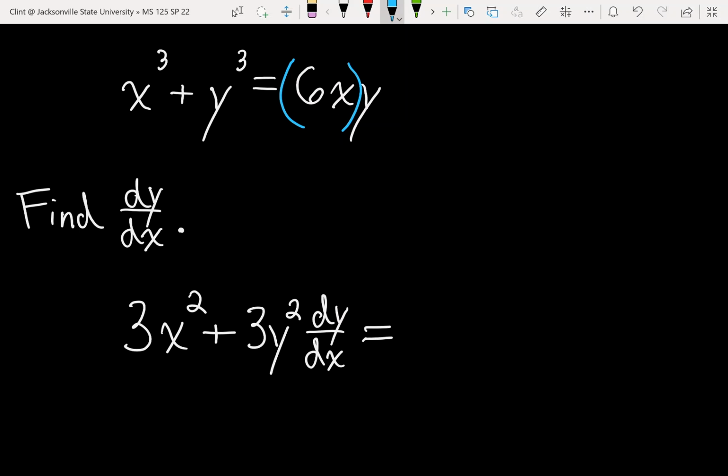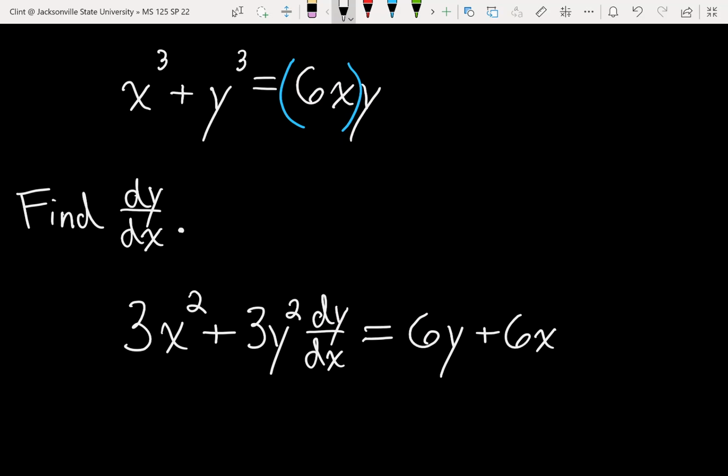Then when we do product rule, I have the derivative of the first term, so that's 6, times the second term, that's y, plus the first term, which is 6x, times the derivative of y, which is just 1, but it's 1 times the derivative of y, right?